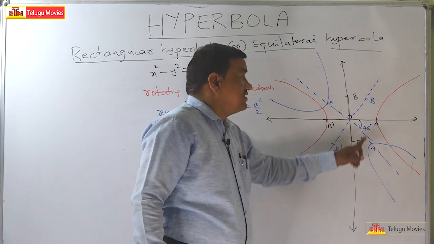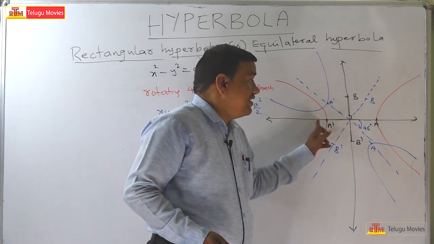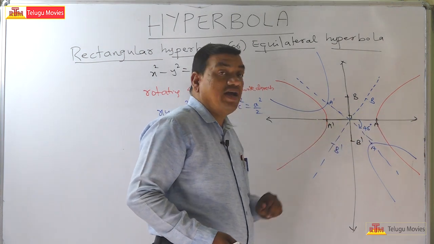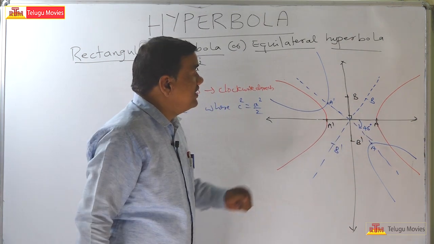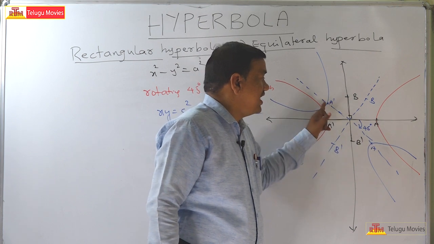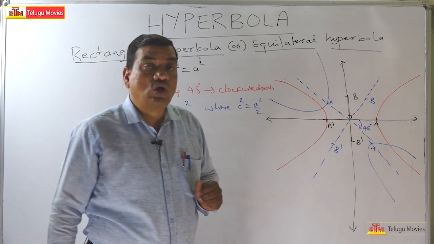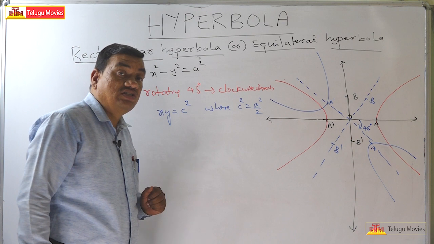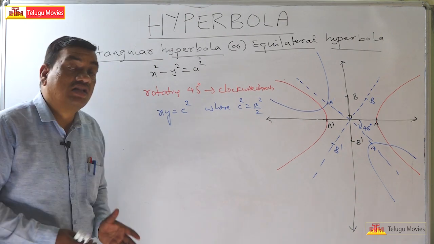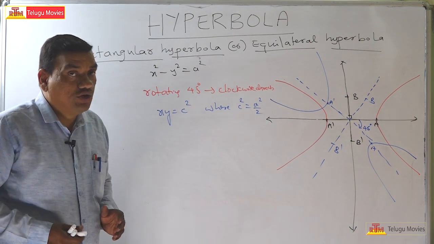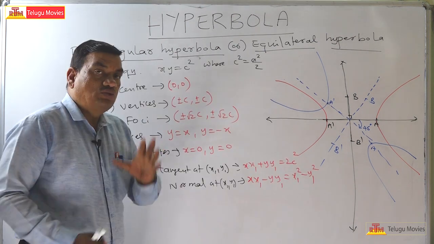The vertices will change. Previously the vertices were a, 0 and minus a, 0. Now the vertices are a and a dash. The equations of the conjugate axis and transverse axis will also change. How they change, everything we are going to discuss now. Okay, so welcome back.